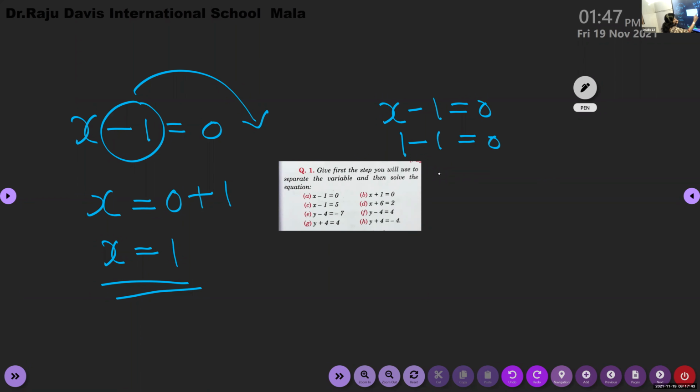You will get left side 0, right side also 0. Isn't it? So the equation is satisfied. This is known as the method of transposing the numbers, transposing the equation. Some part of the equation on the left side, or the numbers on it, is taken to the right side.